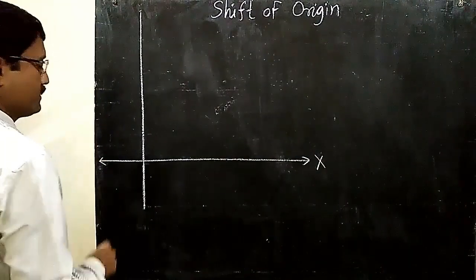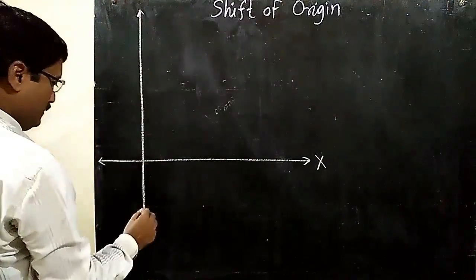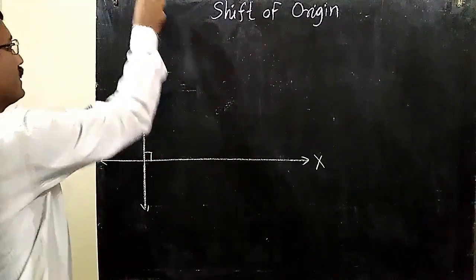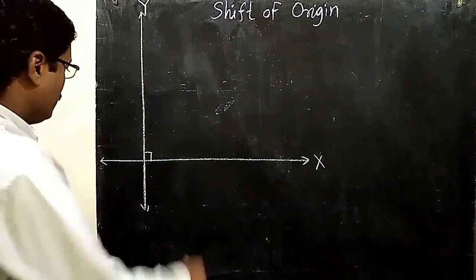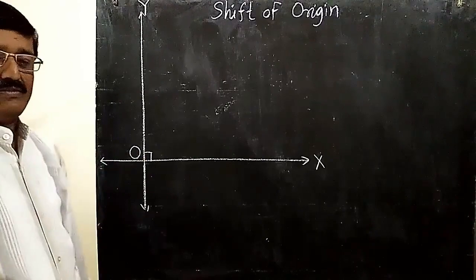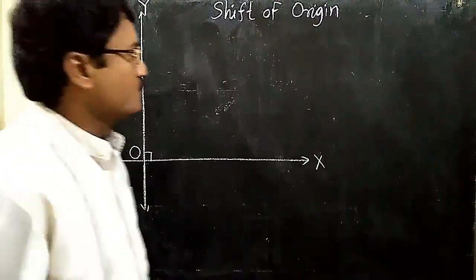This is x-axis and line perpendicular to x-axis is our capital Y-axis. Obviously, this point of intersection of both axes is our origin. Let us write those points.